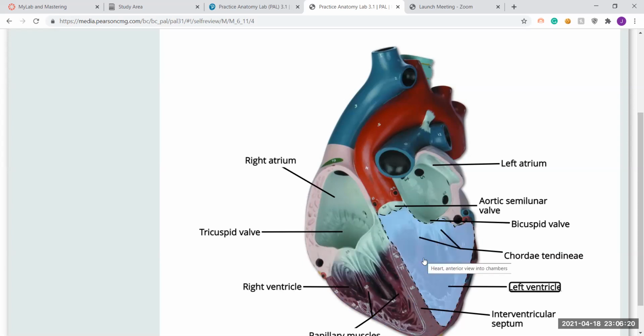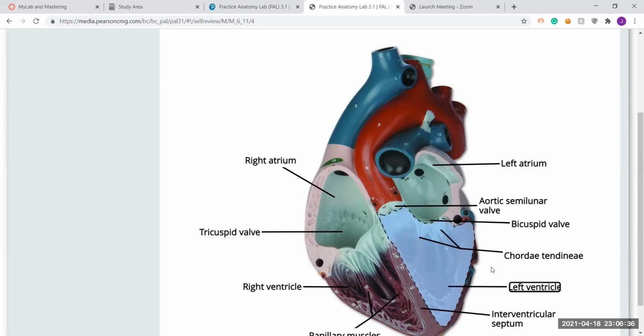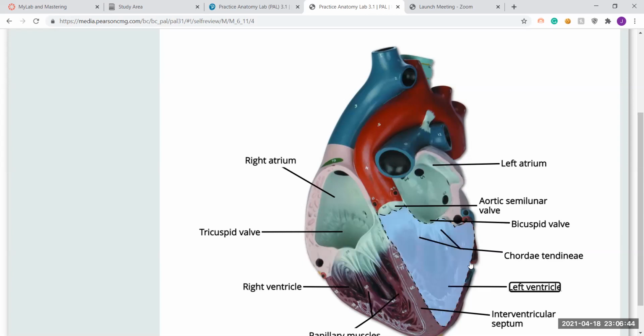When left ventricle contracts, it ejects blood from left ventricle to the aorta through the aortic semilunar valve, which prevents blood from backflowing from aorta into the left ventricle. These valves are attached to the myocardium of the heart wall.